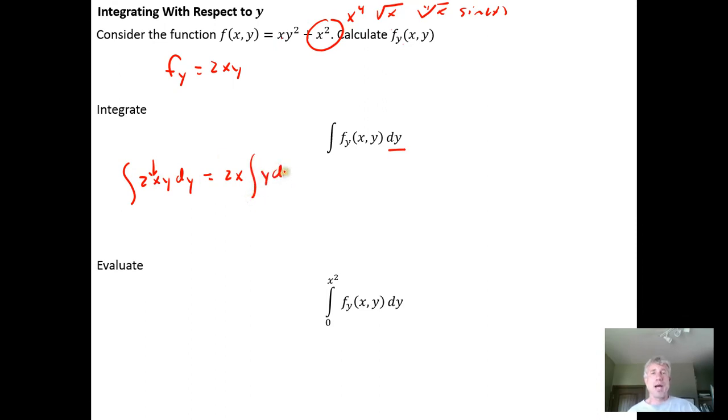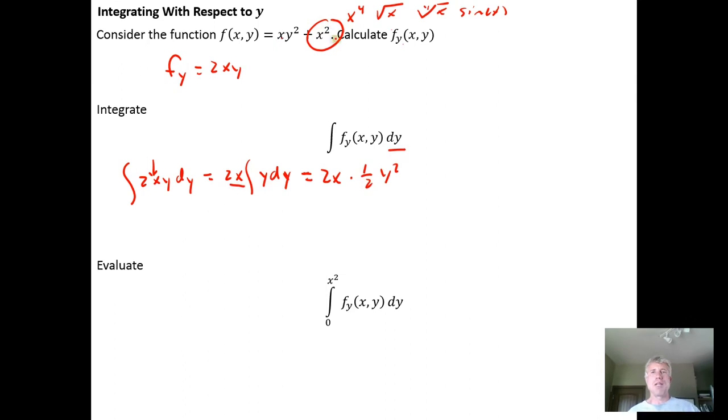We're left with y dy. And then when we integrate the function y, y dy equals, when we integrate with respect to y, we'll still have our constant out front times the antiderivative of y, which will just be 1/2 y squared.